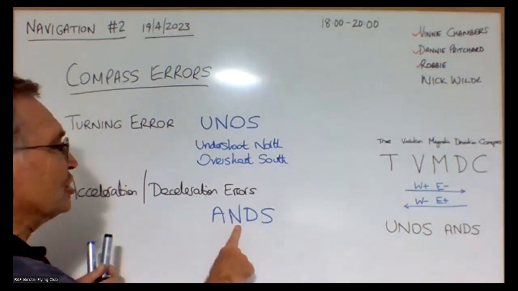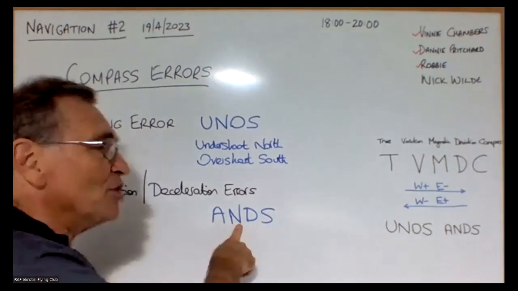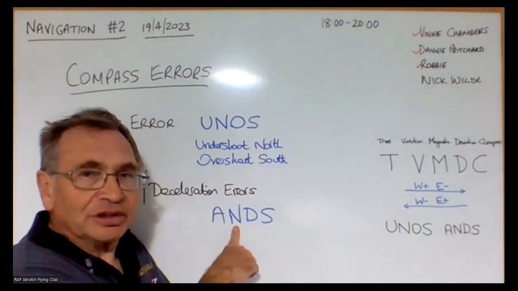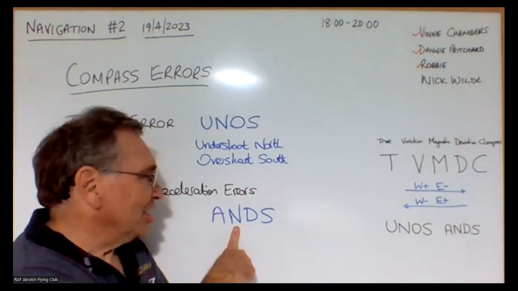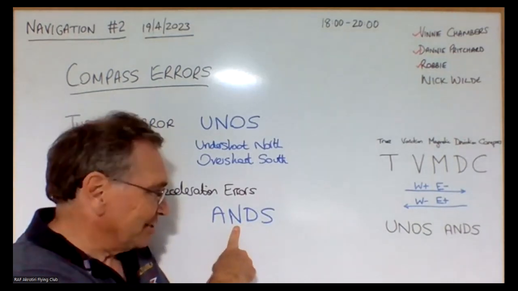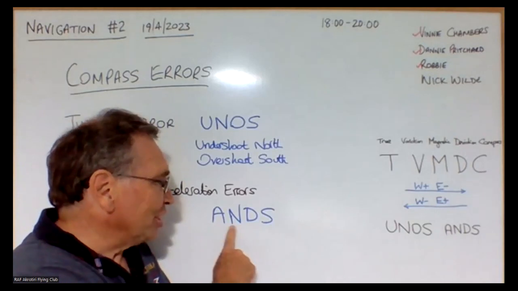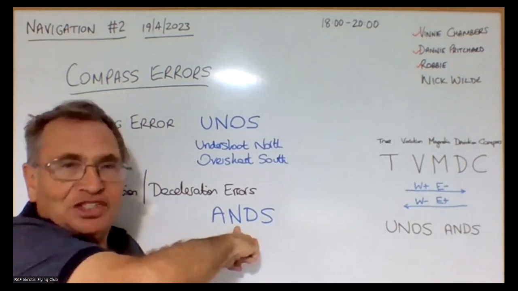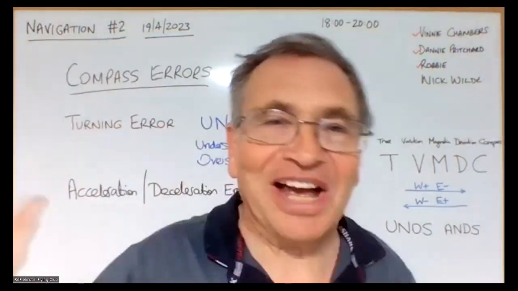In other words, this only happens if I'm east or west. So if I'm already on north and I accelerate or decelerate, I can't get an extra turn to north. There's no such thing as a super north or a super south.